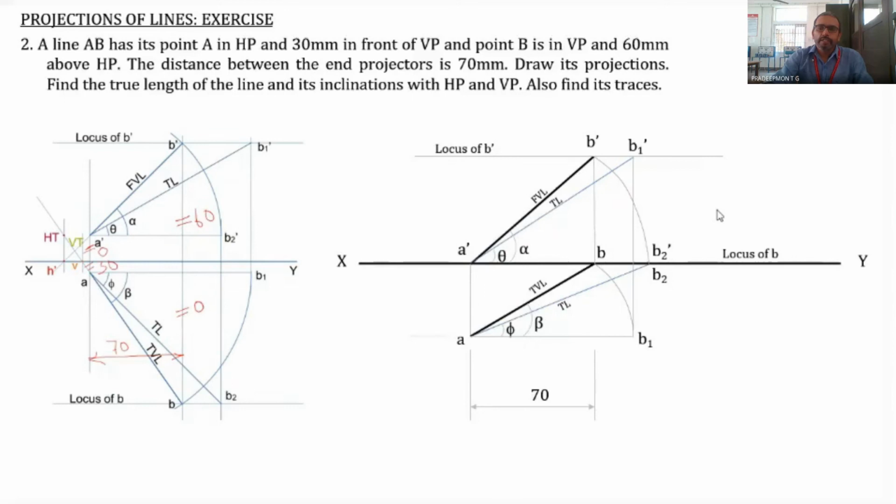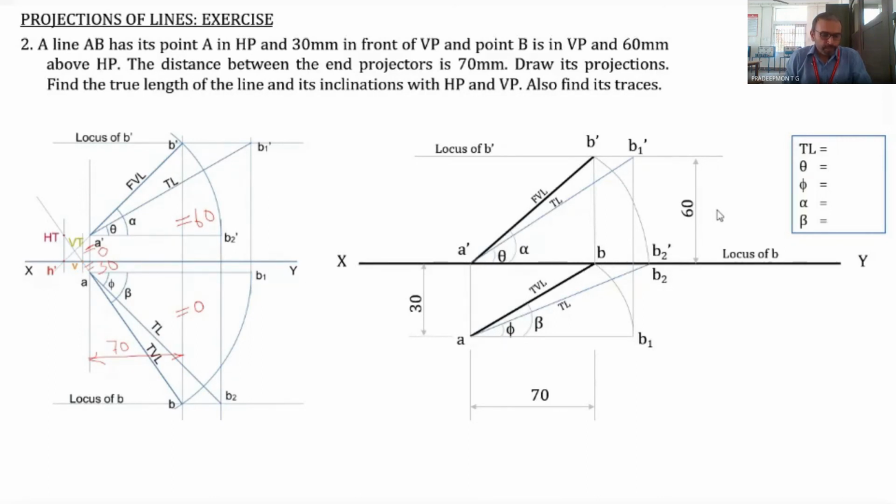So now the dimensions are marked, 30, 60, 70 is already marked. Then finally you have to mark all the dimensions in a box: TL, theta, phi, alpha and beta. Okay, I hope you completed it.